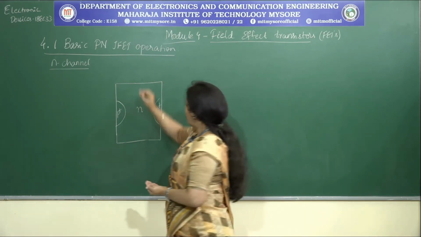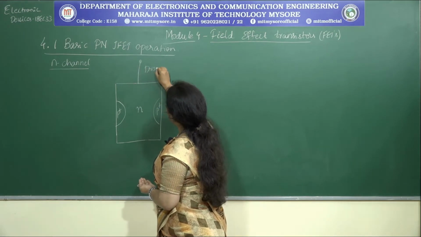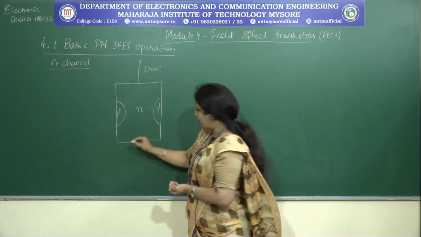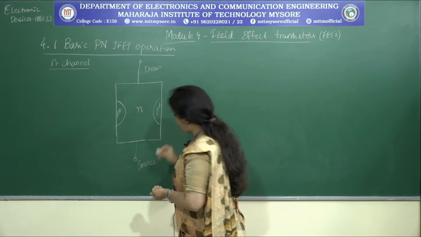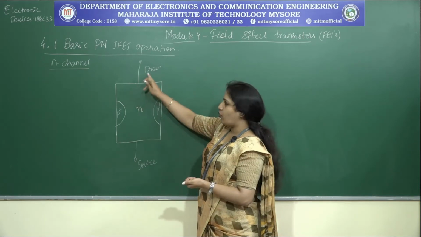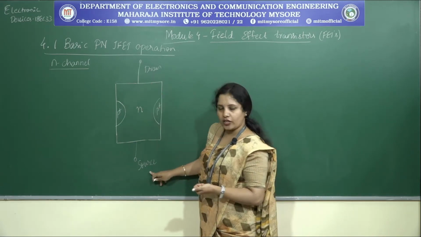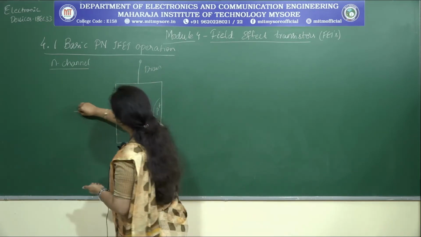Now, at this end of the channel, we have what is called a drain terminal, and at this end of the channel, we have what is called the source terminal. Remember the 3 terminals of the device which I tried to represent? One is called a drain, the other is called a source, and the other terminal that we have is the gate, right? So, where will I represent that?